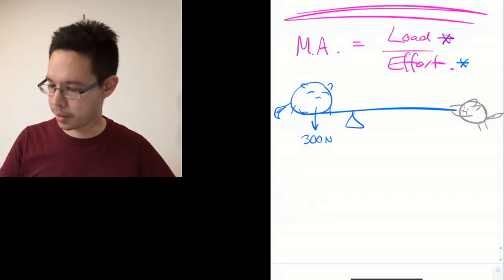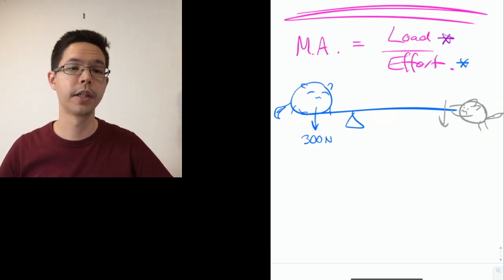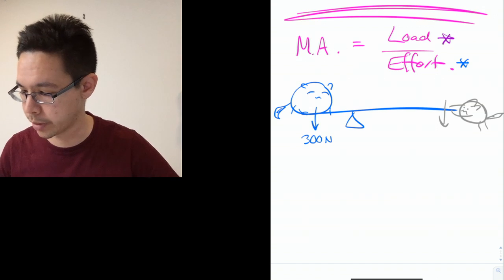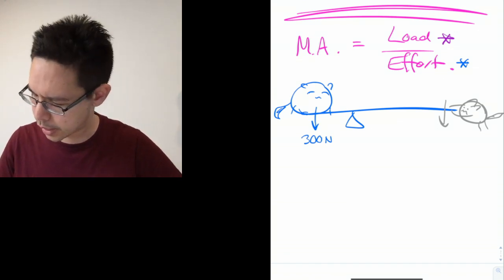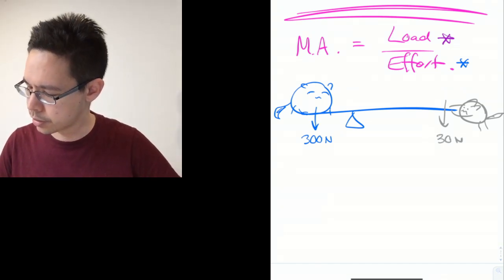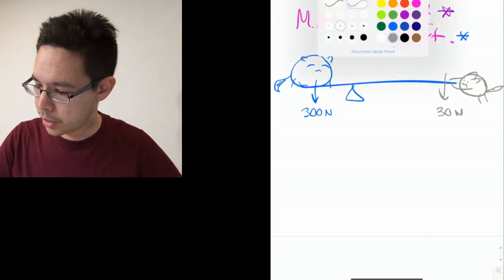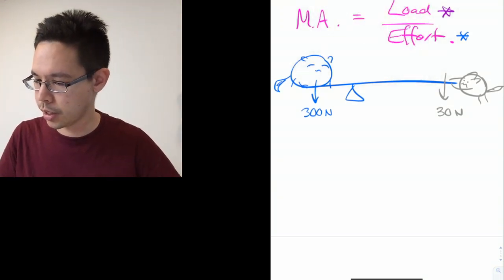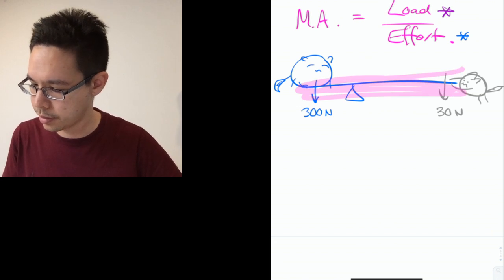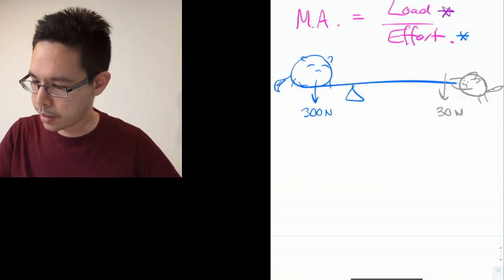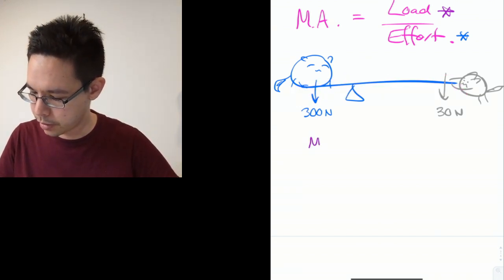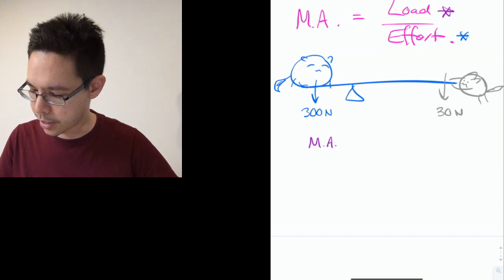So he's trying to push down on his side of the lever to lift up the fat one. And let's say he's using just 30 newtons of force to do so. Then we can actually calculate how much this machine, the lever, is giving Physics Cat extra strength.